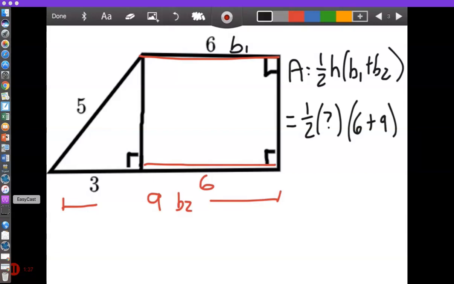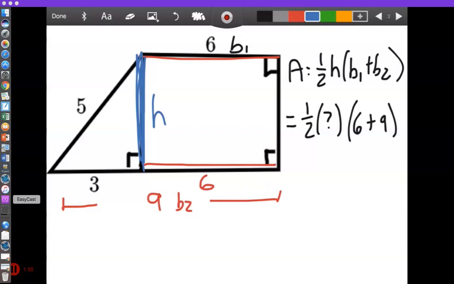Sometimes in a trapezoid problem, they won't tell you how tall it is. You have to figure that out. So it might be a Pythagorean theorem problem or a special right triangle problem. So that's going to be the two possibilities.